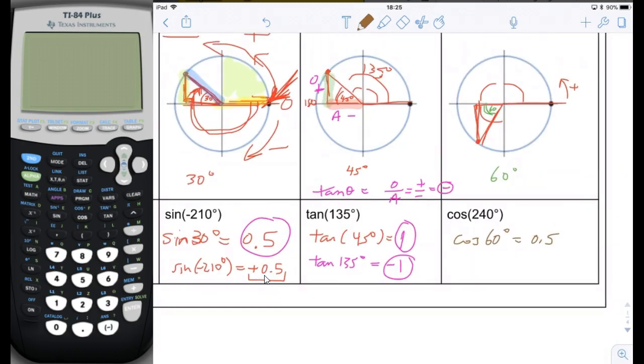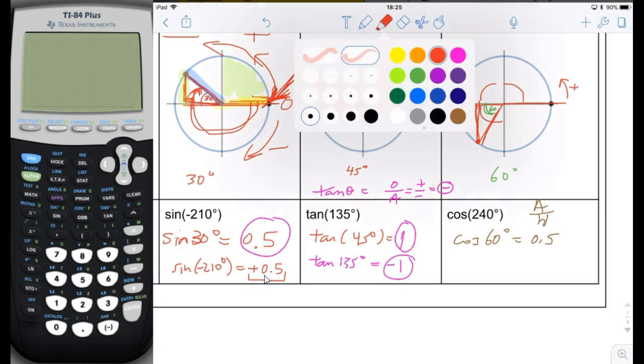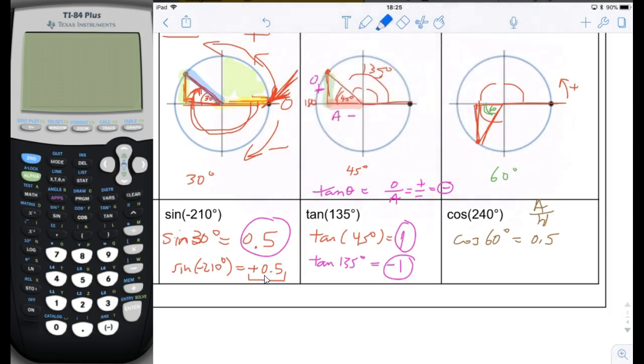The question is, what is the cosine of 240 degrees? Okay, so cosine of 240 degrees, that would be adjacent divided by hypotenuse. Let's look to see what is our adjacent here. Our adjacent here is the horizontal line that's next to the center angle.